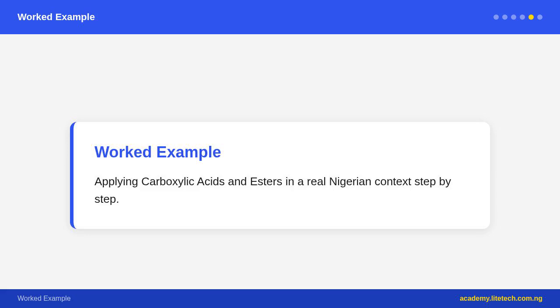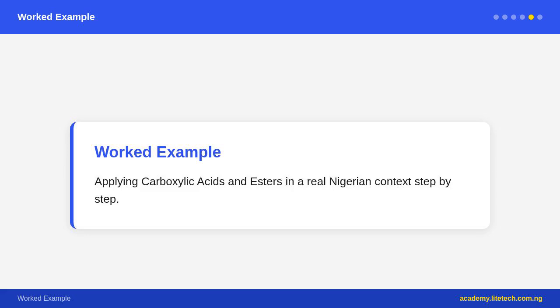WAEC questions on carboxylic acids and esters test: writing the IUPAC name of a carboxylic acid or ester from its structural formula, drawing the structural formula from the name, writing balanced equations for esterification, identifying the ester formed from a given acid and alcohol and naming it, explaining why carboxylic acids have higher boiling points than alcohols of similar mass, explaining soap action, the reaction of carboxylic acids with metals, carbonates, and alkalis, and explaining why carboxylic acids are weak acids and what weak acid means.